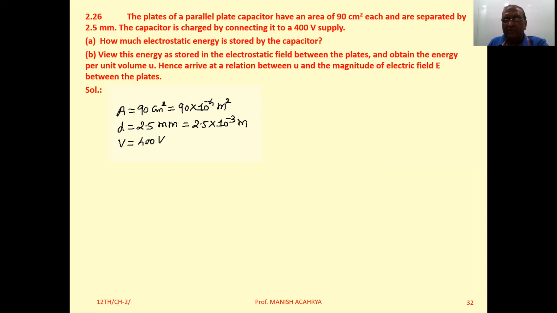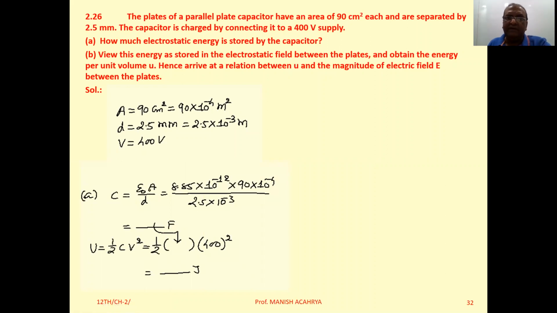The equation for the energy stored is half CV square. But the capacitance is not given to you directly, so first we have to calculate capacitance by the equation epsilon 0 A by D. Area and separation are given to you. So C equals epsilon 0 A by D.